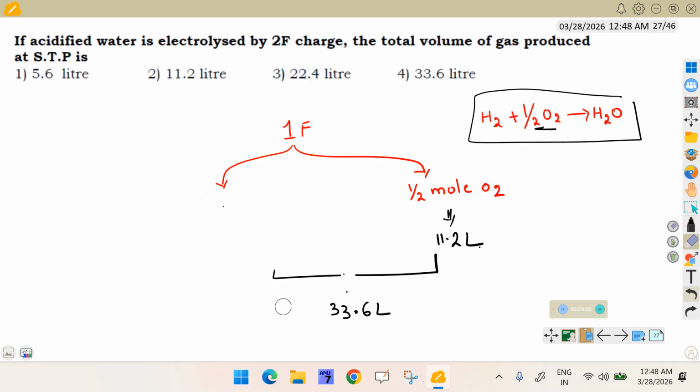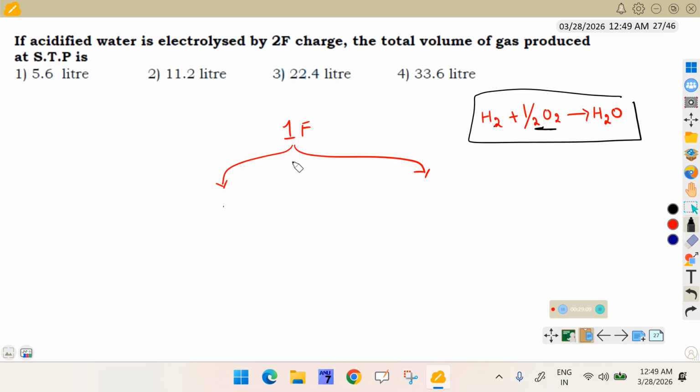If we pass 1 Faraday of current through a substance, then 1 by k moles of the substance is deposited. Now, H2 releases H plus ion.